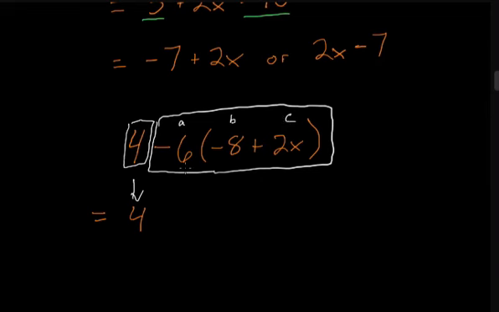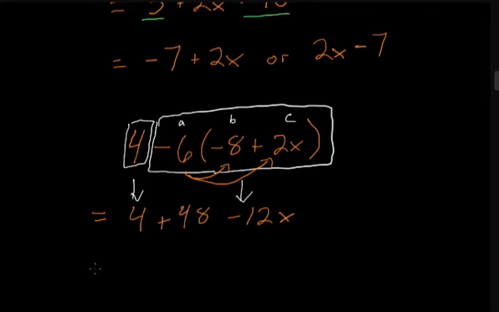So now we're going to distribute this negative 6 to change the form of this expression. So negative 6 times negative 8 is going to be positive 48. Negative 6 times positive 2x is going to be negative 12x.